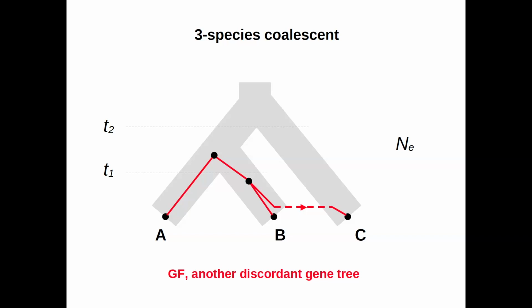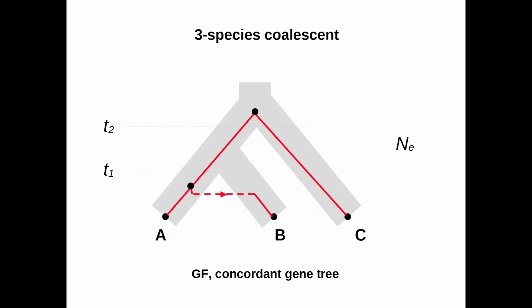It could also be, of course, migration from A to C, similarly. We can also have migration between A and B, in which case we get a normal topology, AB versus C, but with a different set of branch lengths again.